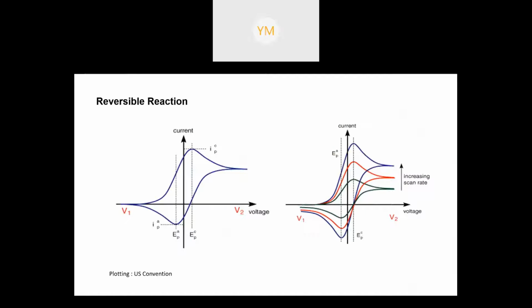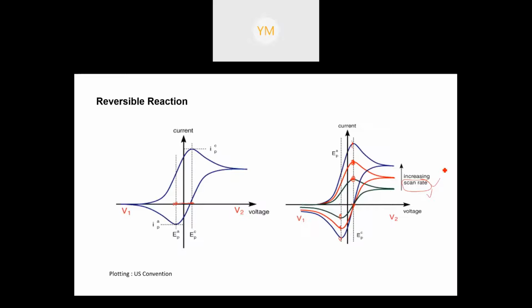First, reversible. I've told you the separation between EPC and EPA is about 60 millivolt for a one electron transfer reaction. Then the scan rate, V: EPC and EPA are not dependent on scan rate.